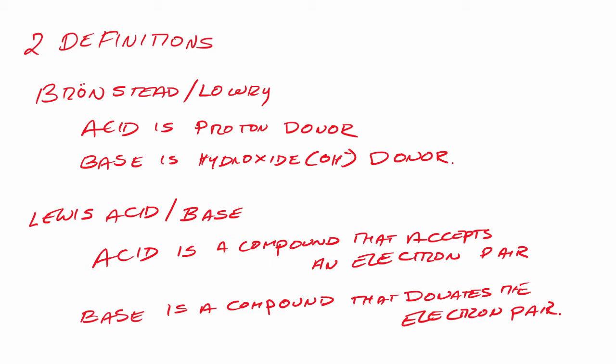Now, to be honest, there are probably about 7 different types of definition based on what type of chemistry you're looking at. The Bronsted-Lowry is the most common and the one that we use most often, and it explains about 90% of all the chemistry involving an acid and a base. The Lewis acid and base incorporates the next 5 to 7%.